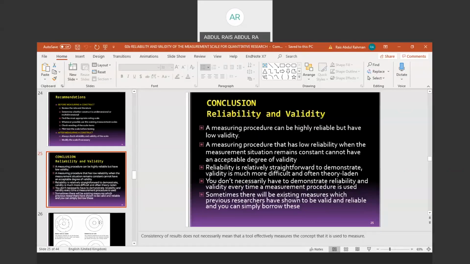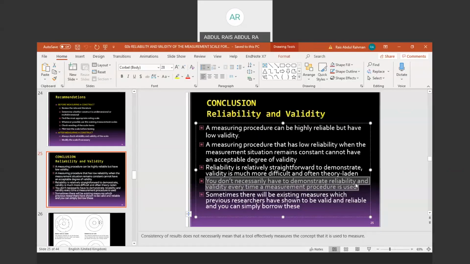You don't necessarily have to demonstrate reliability and validity every time. Okay, yang point nombor 4 ni, macam saya kata di penghujung kelas hari Selasa, kalau you adopt, you guna bulat-bulat questionnaire daripada past researcher, misalnya you guna food frequency questionnaire, word by word, item by item, ataupun Three-Factor Eating Questionnaire version 18, Malay version, which has already been validated by past researchers and is well known to be used in a wide range of demographic and research settings, you tak payah do reliability or validity test.